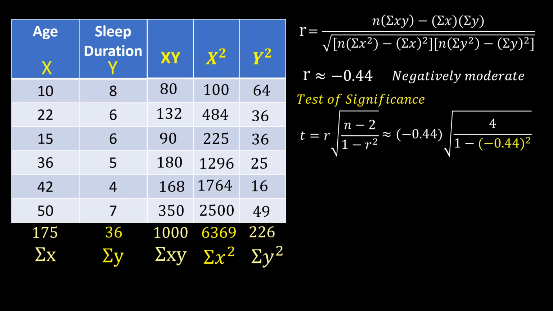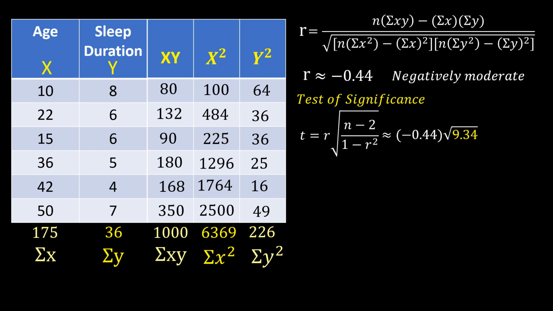And then take the square of negative 0.44, that's 0.19. Then subtract 1 minus 0.19, 0.81. Then divide 4 by 0.81, so that's 9.34.